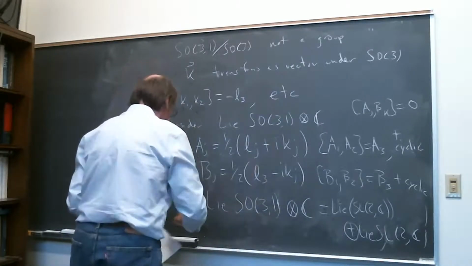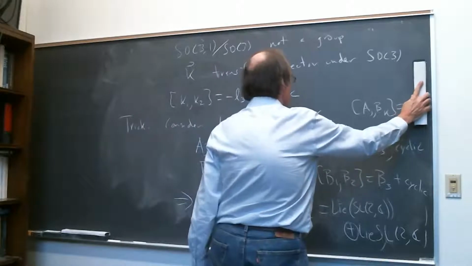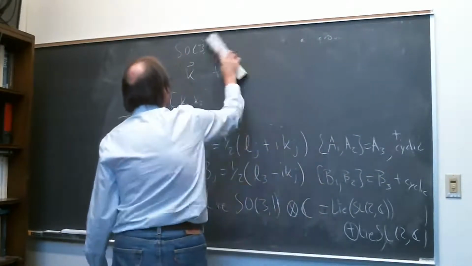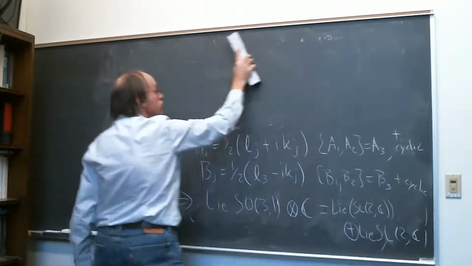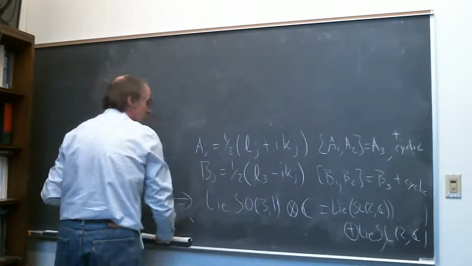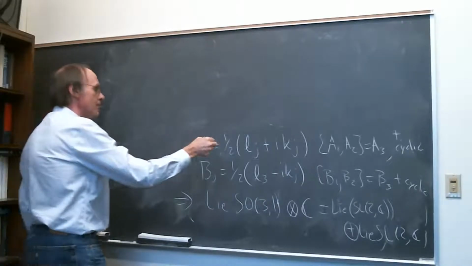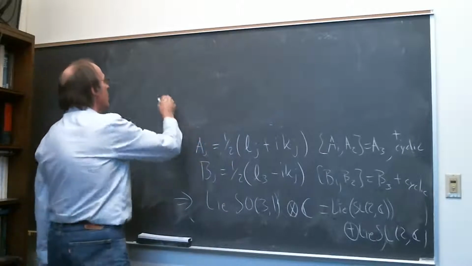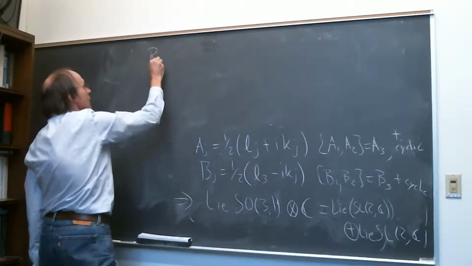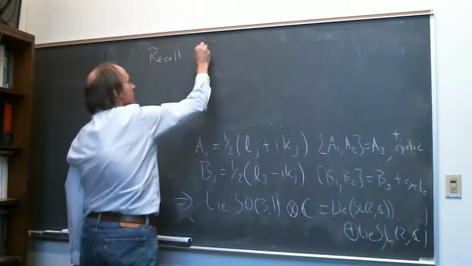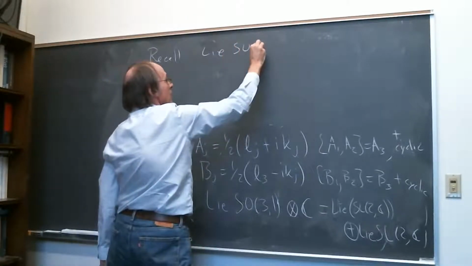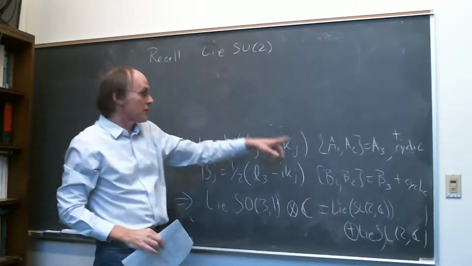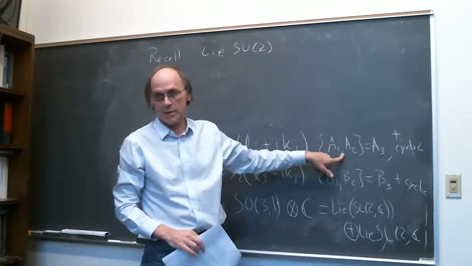Recall that the Lie algebra of SU2 is a three-dimensional real vector space, all anti-Hermitian 2x2 complex matrices.